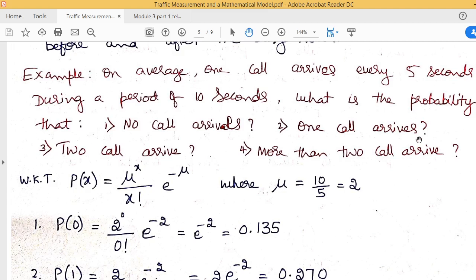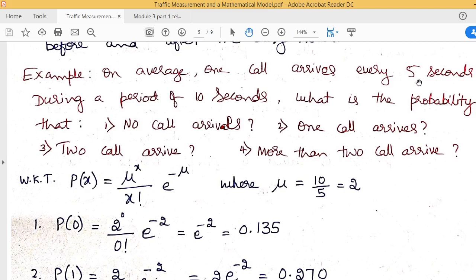But we need to compute all these things with respect to 10 seconds. So first we need to calculate the value of mu. As previously defined, mu is the average number of calls arriving.